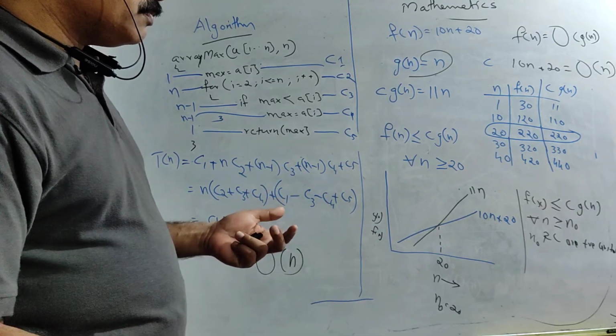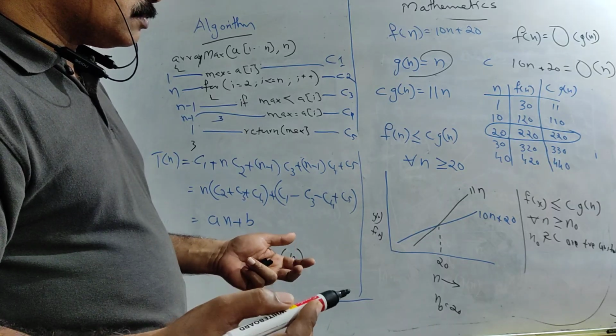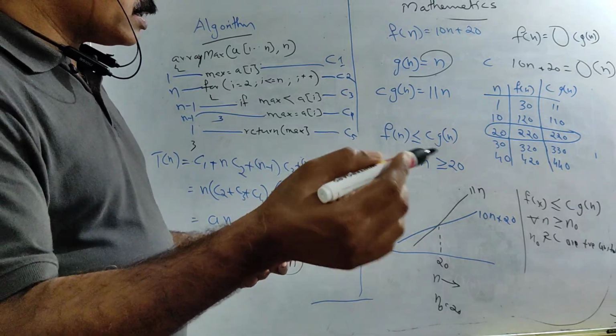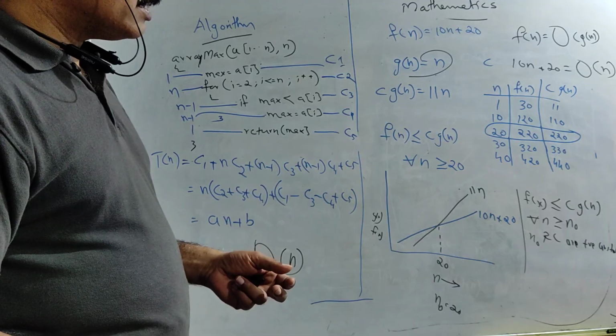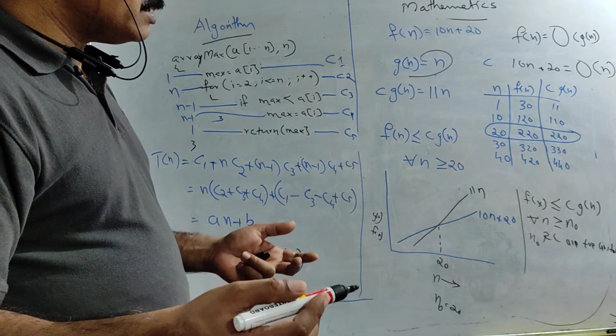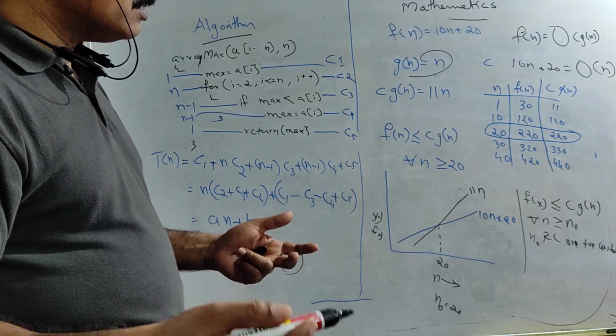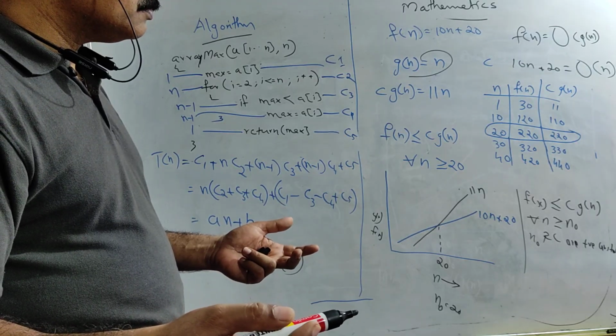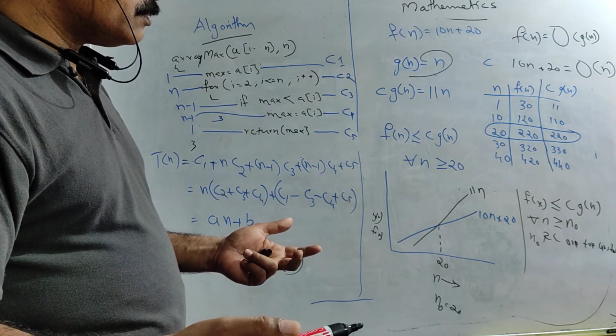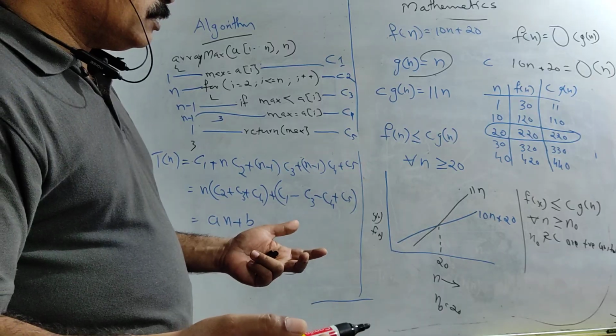So you are getting a group of functions, isn't it? So this big O n is a family of functions, and we are saying that 10n plus 20 belongs to that family or belongs to that group. So this is the concept of big O.